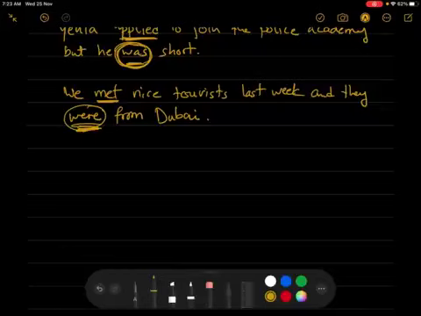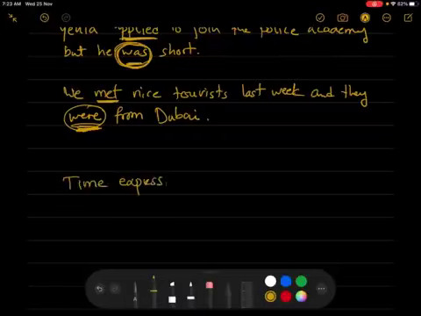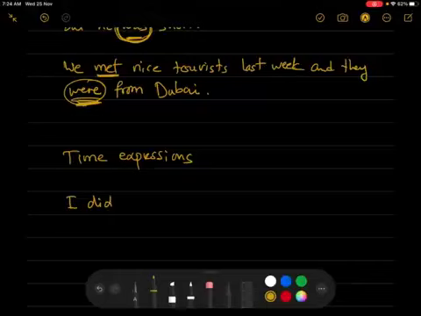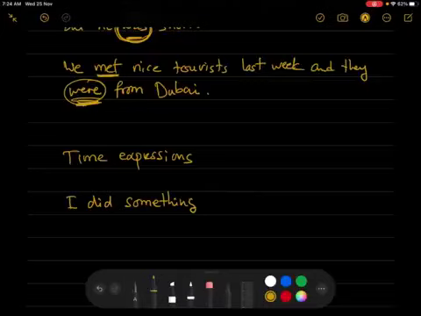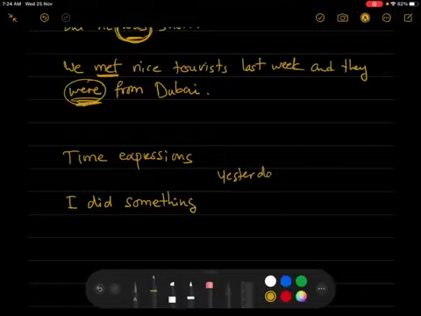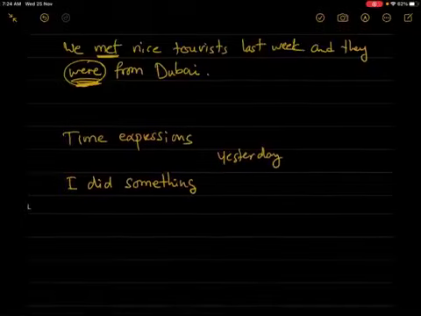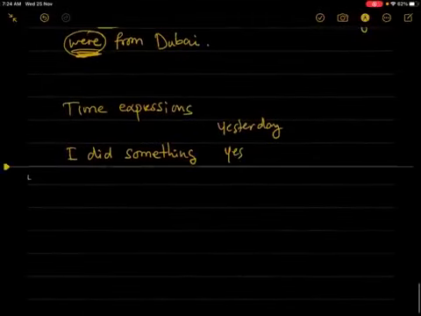Talking about the past simple, we have some expressions that we usually use with the past simple. For example, I did something. When I say I did something, I can say I did something yesterday, or yesterday evening.